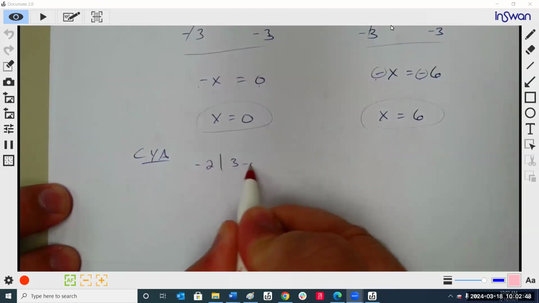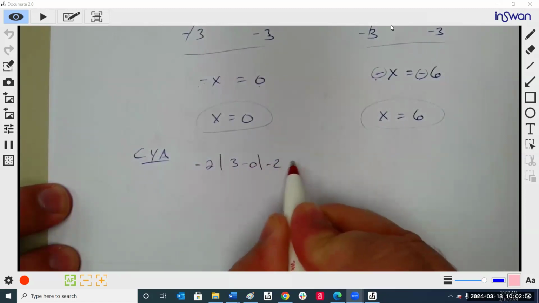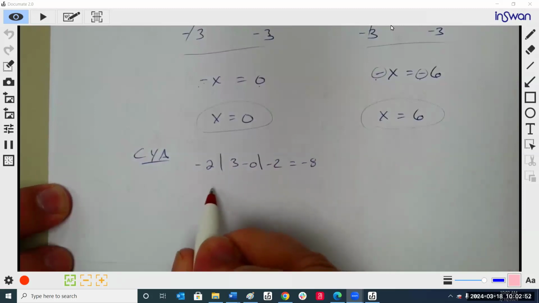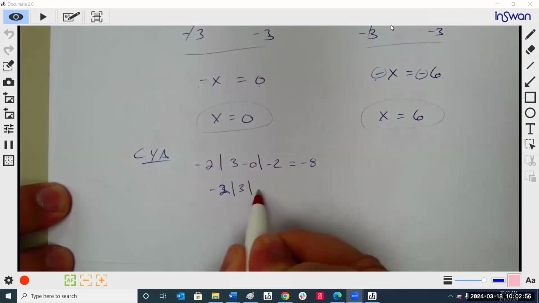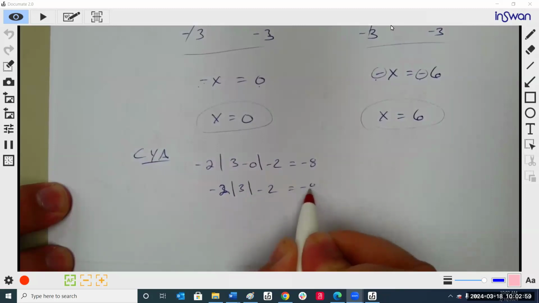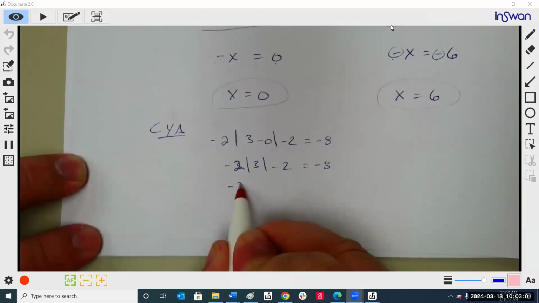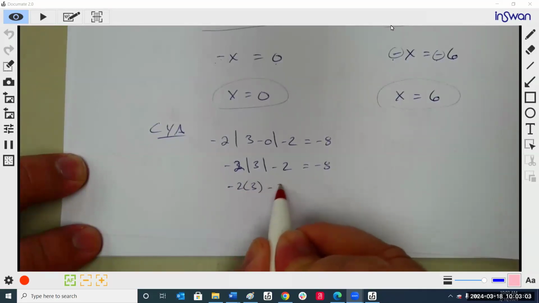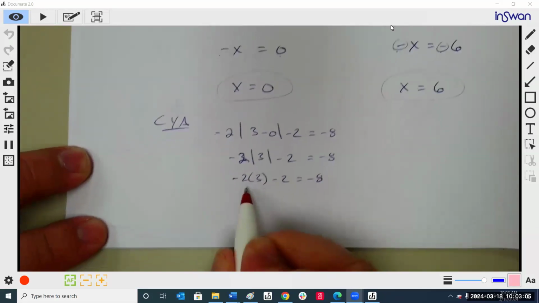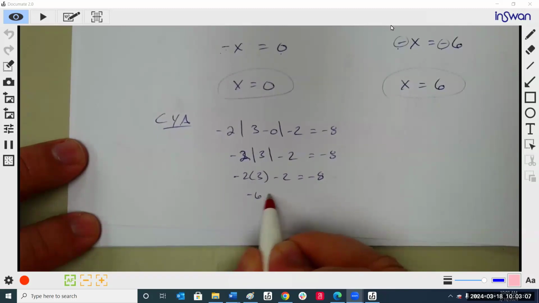-2 times the absolute value of 3 minus 0, minus 2 equals -8. Absolute value of 3 is 3. 3 times -2 is -6.